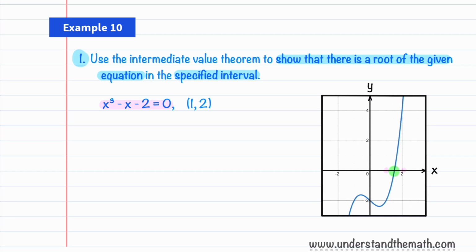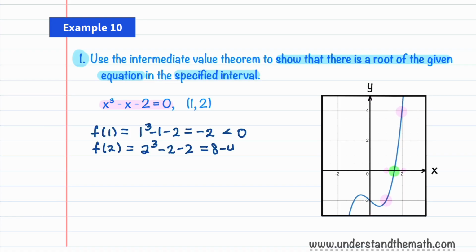To show this, we are going to look at our function values at 1 and at 2. f of 1 is equal to 1 cubed minus 1 minus 2, which is just minus 2. And let's make a note that that's less than 0. And then f of 2 is 2 cubed minus 2 minus 2, which is 8 minus 4, is equal to 4, which is greater than 0.